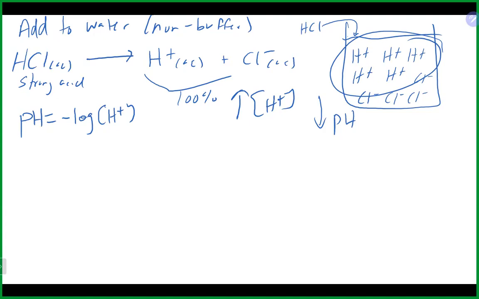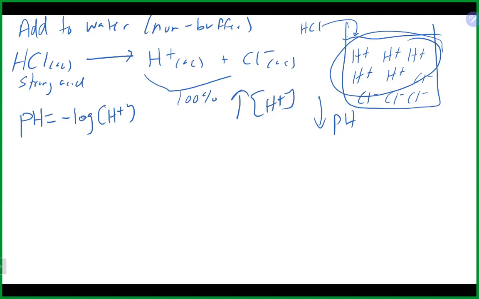And that is what we would expect to happen when you add an acid to a non-buffer situation. You would increase the H plus concentration, which would result in a pretty big swing in the pH of that solution. I think similar to the other beaker in that experiment where maybe you just dropped 1 drop and the pH changed by like 1 or something like that. And that's clearly not a buffer, right? So that little amount added a lot of H plus, and was able to change the pH really quickly.